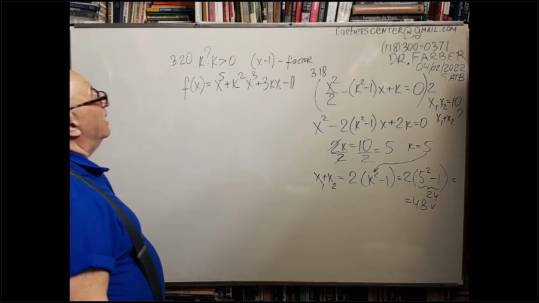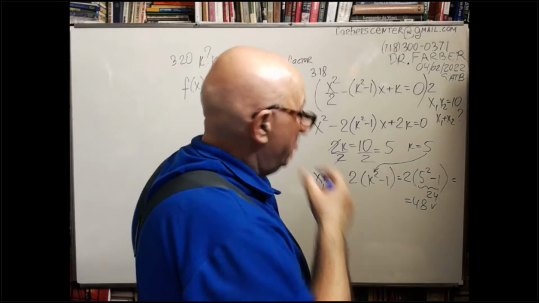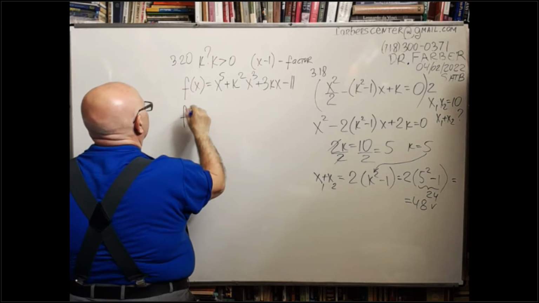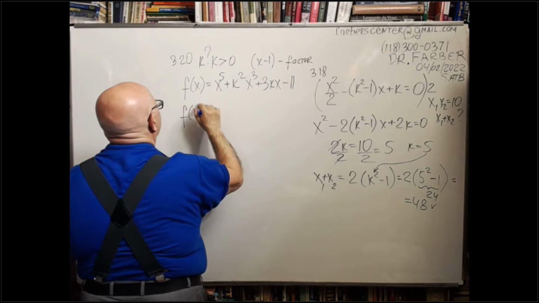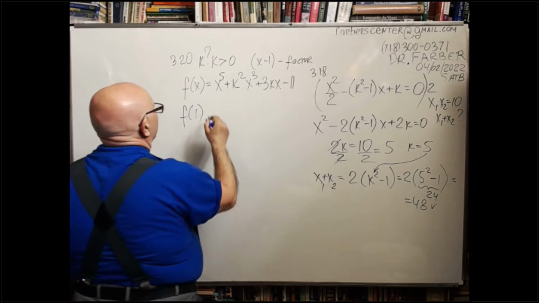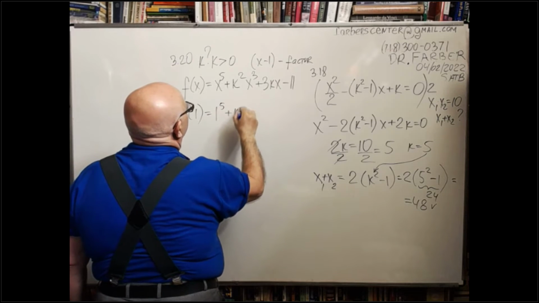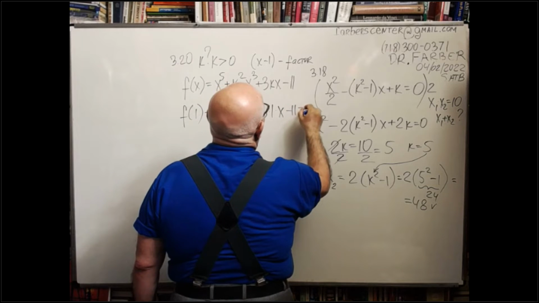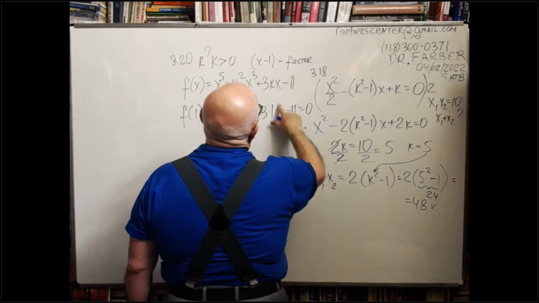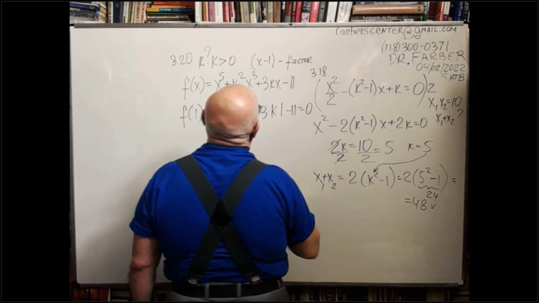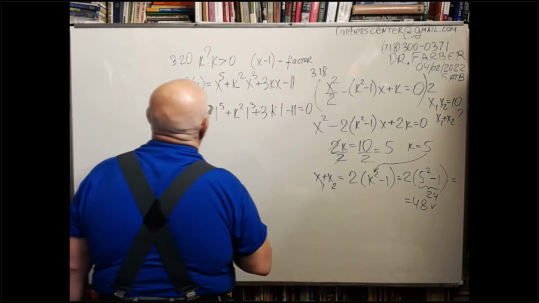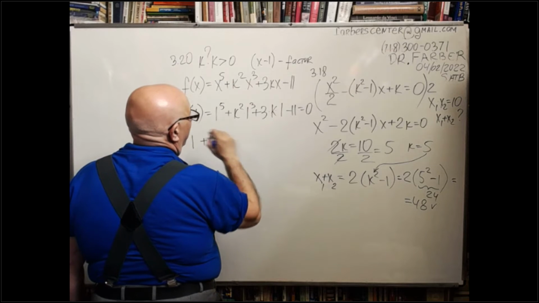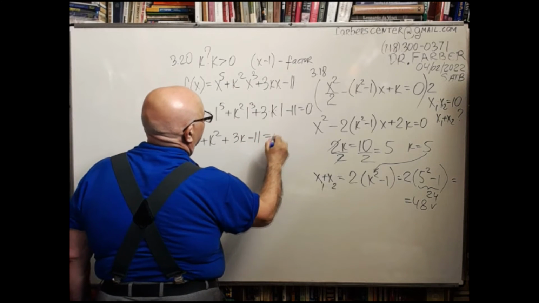According to the remainder theorem, if x minus 1 is a factor, if you plug in x equals 1 into this function, f of 1, and factor means remainder equals 0, definitely it is 1 to the 5th plus k squared times 1 to the 3rd plus 3 times k times 1 minus 11 must equal 0, or 1 plus k squared plus 3k minus 11 equals 0.